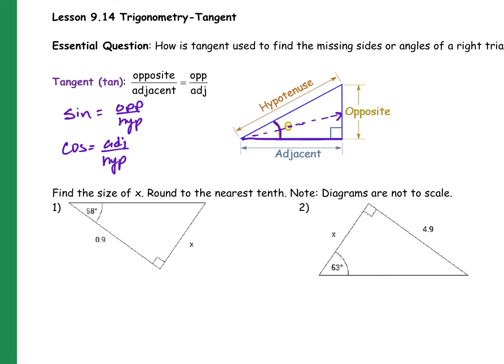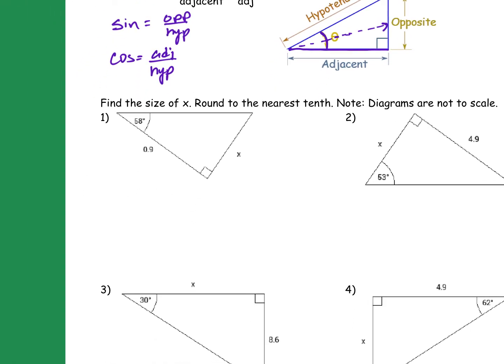Okay, so here we go. So I'm going to find my angle. Here's my angle, 58 degrees, right? I have the side opposite, and I have my side adjacent, right? I don't have the hypotenuse. I can label it, but there's nothing on that side. It's not going to do me any good.